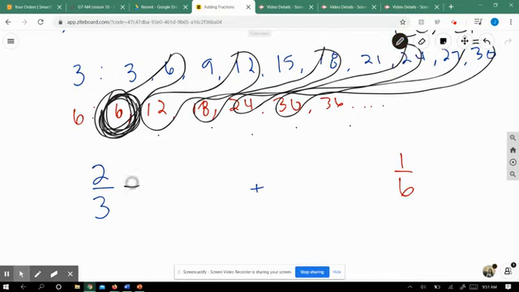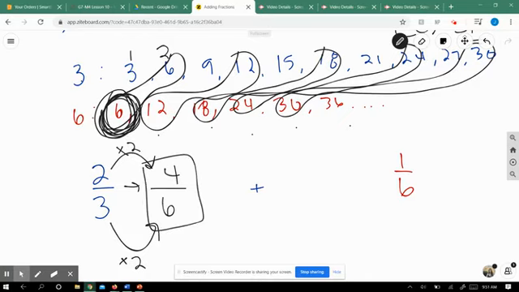So I have to turn this 2/3 into a number with the denominator of 6. So I have to think, how did my 3 become a 6? If we look, we have 1, 2. That means 3 times 2 is equal to 6, or hopefully you can remember that 3 times 2 is equal to 6 as well. So what we do on the bottom has to happen on the top. So 2 times 2 is 4. So that means our new fraction over here is 4/6.